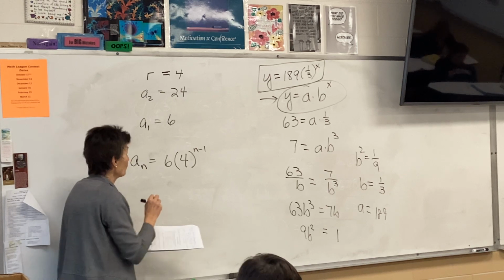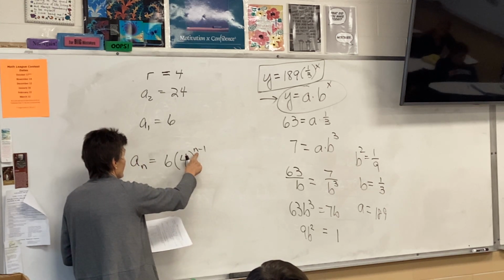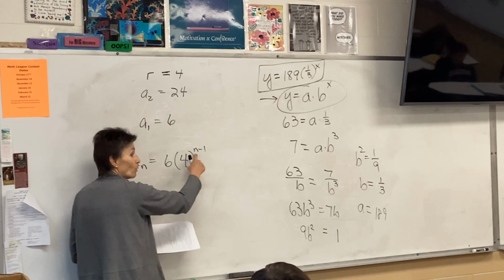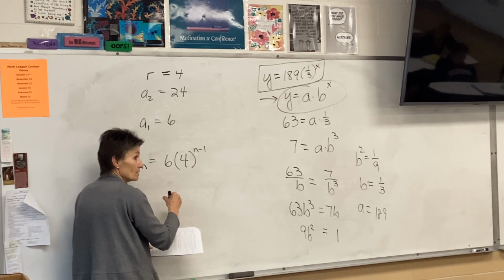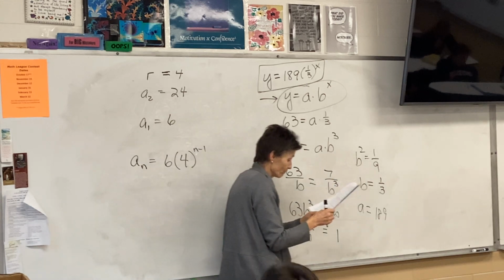Right? So if we put 1 in there, we get a sub 1 equals 6 times 4 to the 0th. So there we go.